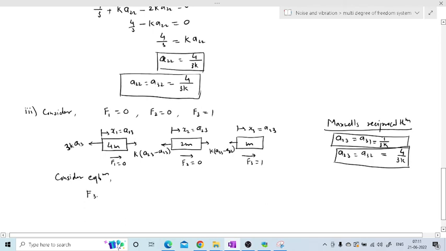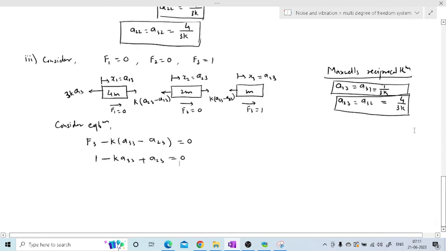So F3 minus k (A33 minus A23) will be equal to 0. So what is the value of F3? It is 1 minus k (A33 minus A23) will be equal to 0. And we know the value of A23. Here just check, 4 by 3k. So 1 minus k (A33 minus 4 by 3k).